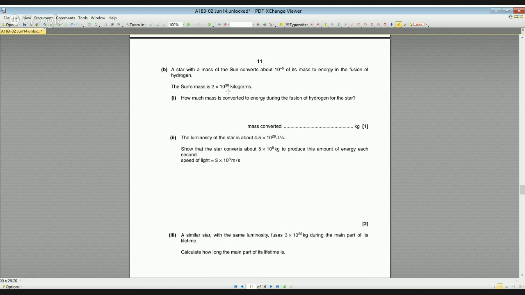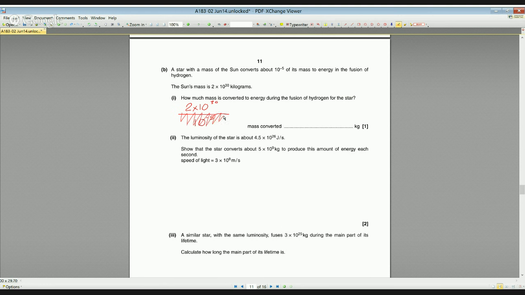So here we know the mass of the sun, and we know what fraction of that will turn to energy. So we need to divide one by the other. So the overall mass is 2 times 10 to the power of 30 kilograms. And we need to divide that by 10 to the power of minus 5. Excuse me, actually, no, we don't.